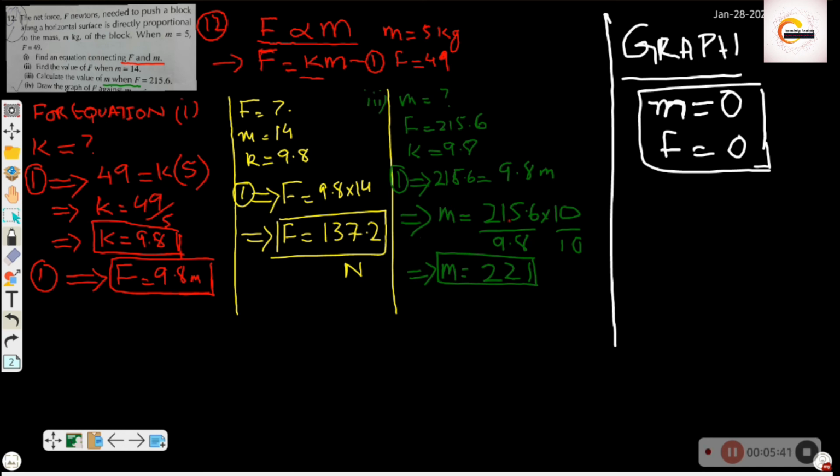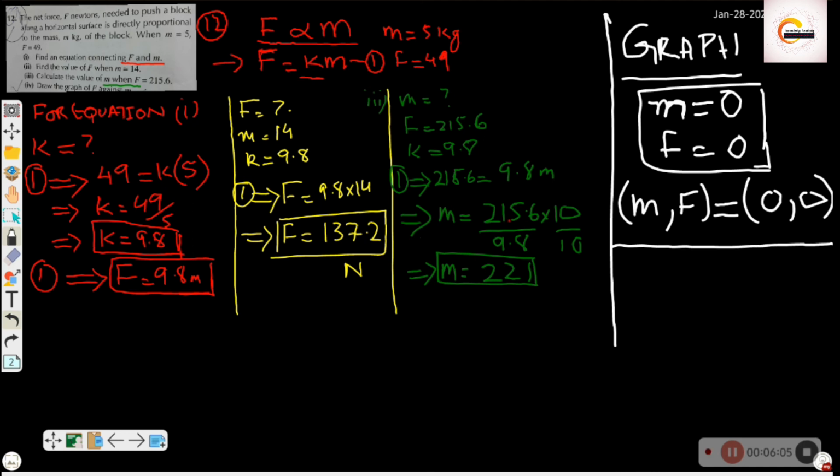So this is one of the points on our graph, the origin. This relationship is directly proportional, and we can automatically keep it as (0, 0), because a directly proportional line must pass through the origin.